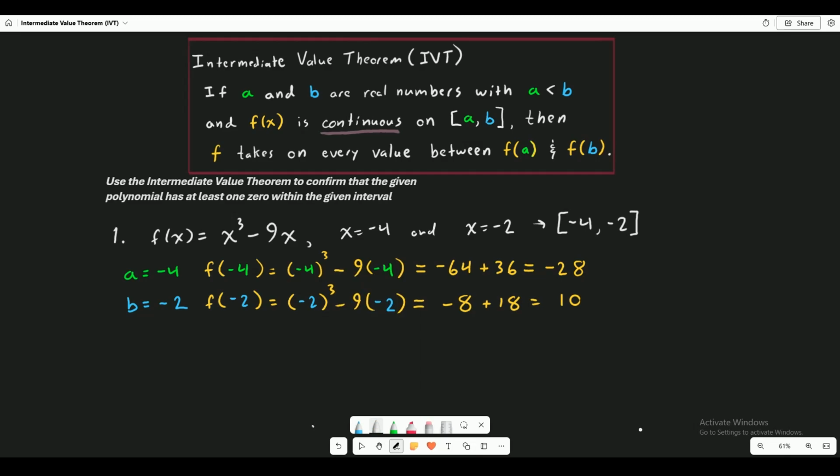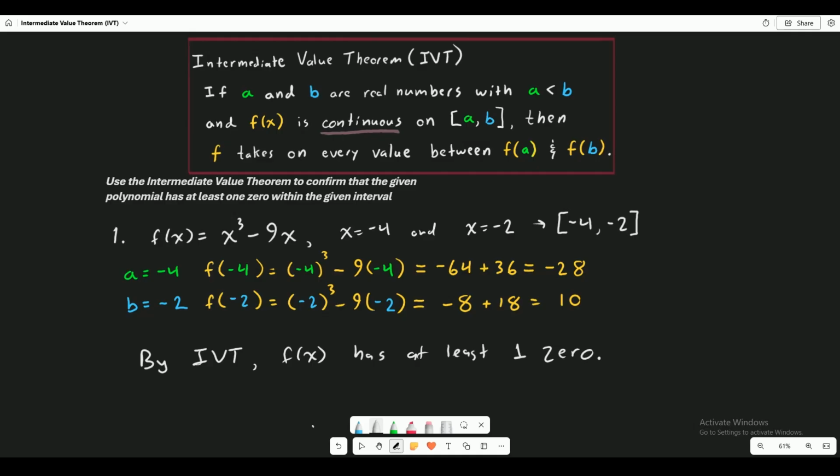So we just state it like this. By the intermediate value theorem, f of x has at least 1 zero or root, and just like that.